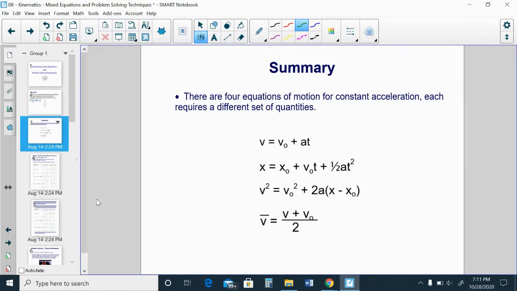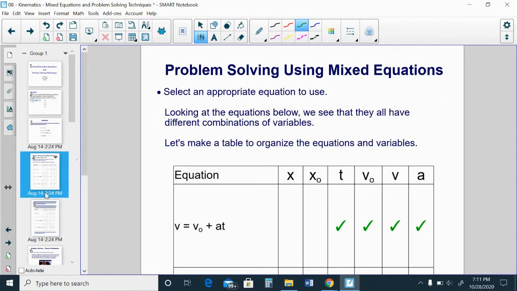In total, there are 4 equations for motion with constant acceleration, and each requires a different set of quantities. So it's this combination of 4 equations that you'll be evaluating to solve the different problems. If you made a table to organize this information, it would look kind of like this.